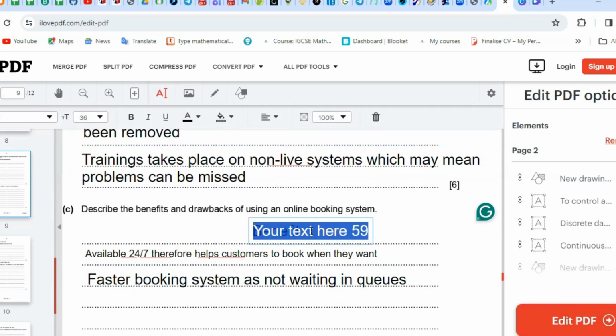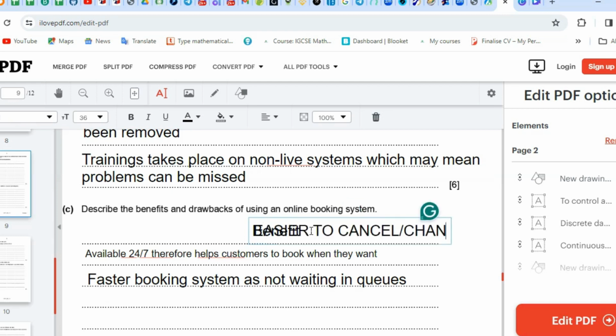The third one, easier to cancel or change bookings.